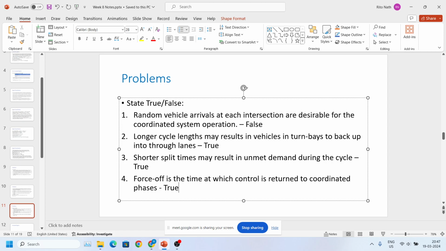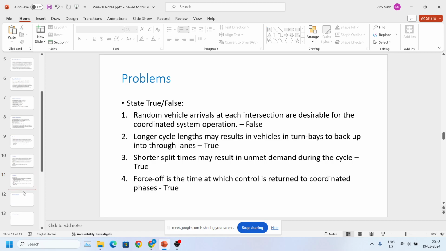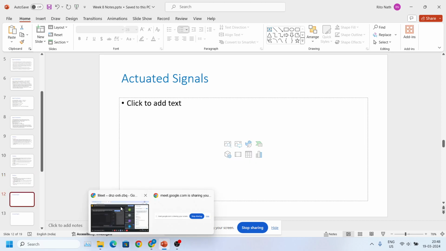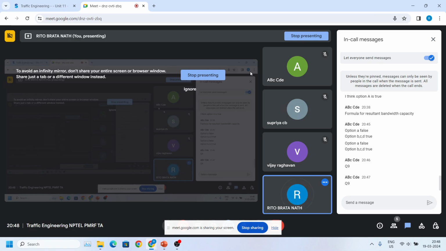Maybe I'll discuss something similar and wrap it up in the next 5-10 minutes. Let's take one matching problem. Let's take the progression one, Q9.